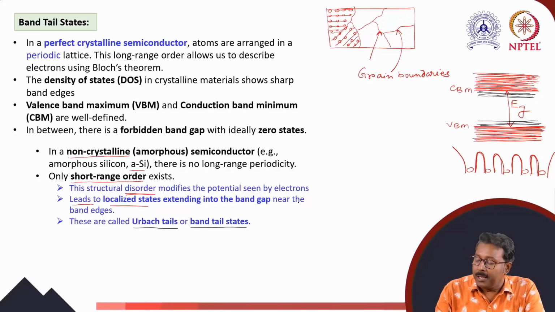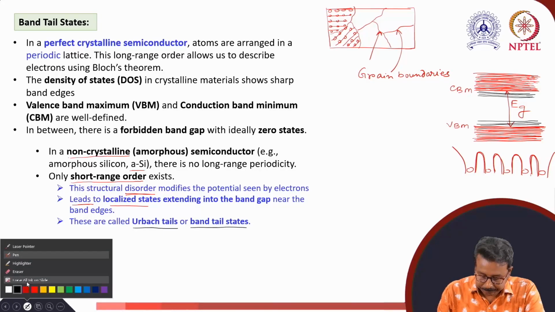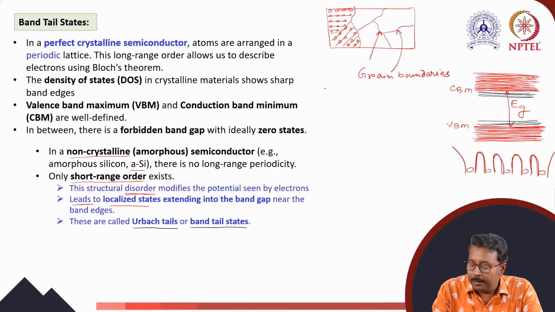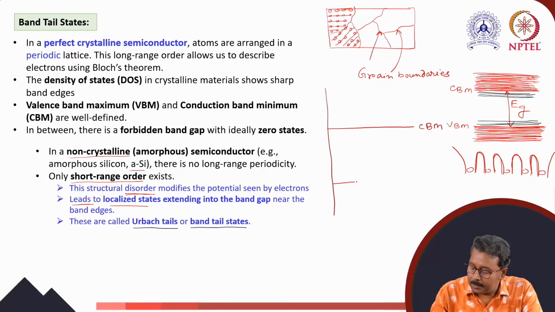That means if we now consider the density of states for a perfectly crystalline semiconductor, it looks like this. Suppose there are two band edges. One is the conduction band minima, and another is the valence band maxima.